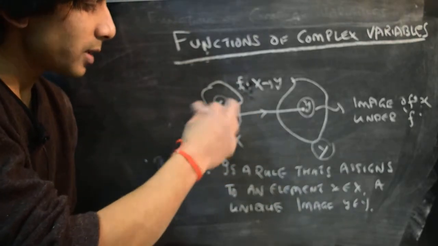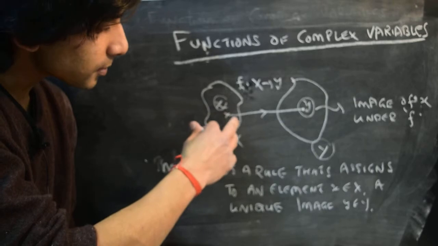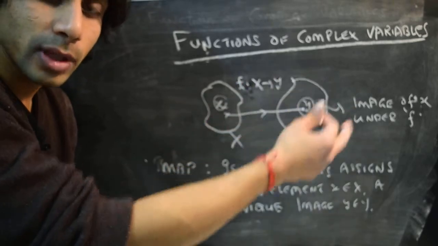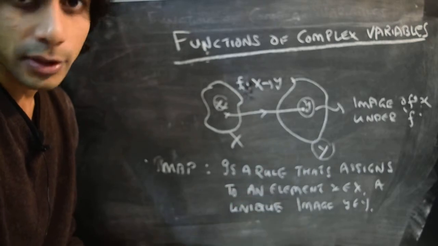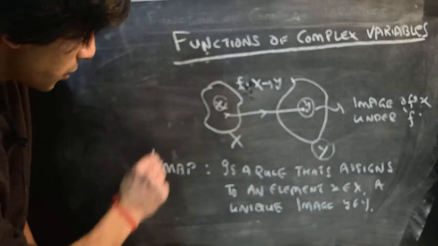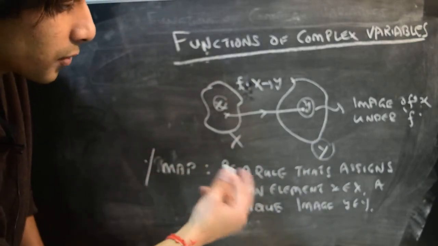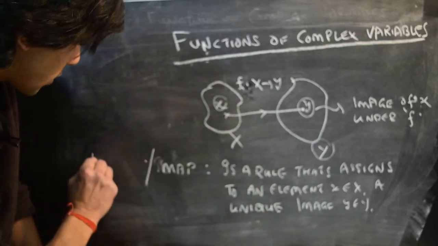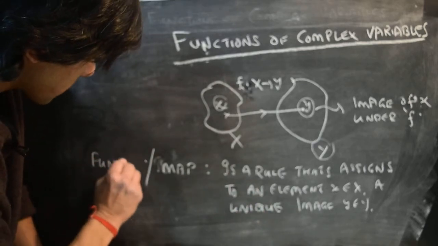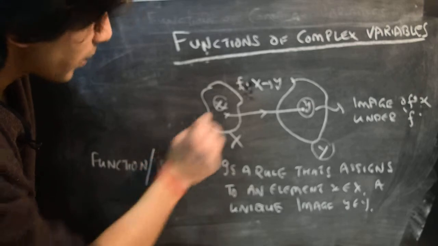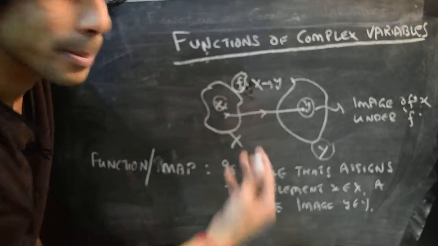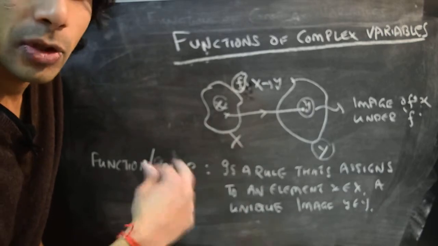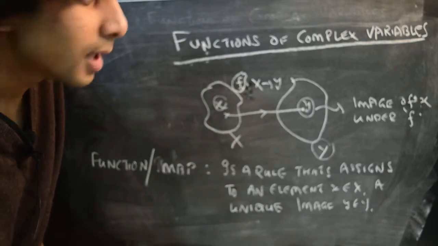A mapping that takes us from the set of, let's say, real or complex variables to another set of real or complex variables, we can just call a function. That's why people generically use the symbol small f to denote a mapping, because most of the time we don't really distinguish between a mapping and a function.